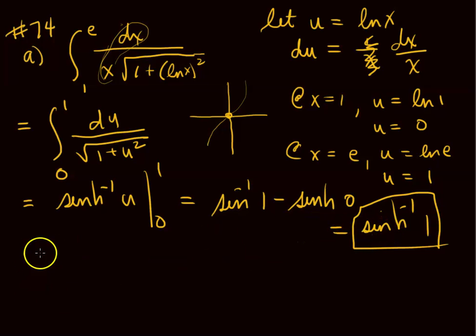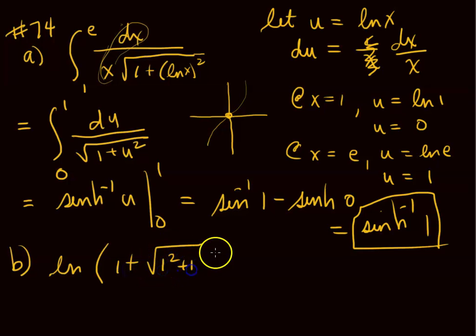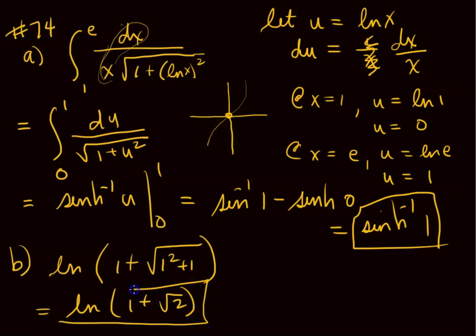The sinh inverse of 1, if you look at that formula, you get the natural log, this is part B, of 1 plus the square root of 1 squared plus 1. That's what the sinh inverse can be. The natural log of x plus the square root of x squared plus 1, which equals the natural log of 1 plus the square root of 2. So this is another way you can write this same thing. These two are exactly the same.